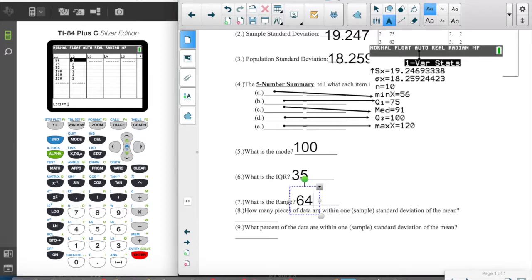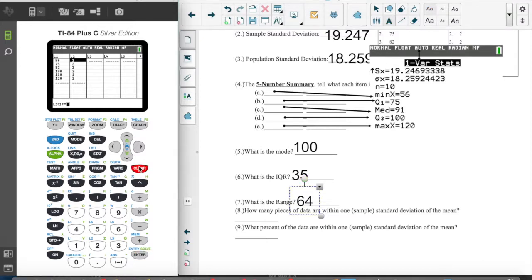So we're going to see how many fit within one sample standard deviation. We go to the main page and do 90, which is the dead center, minus 19.25, and we find that 70.5 is the lower bound.